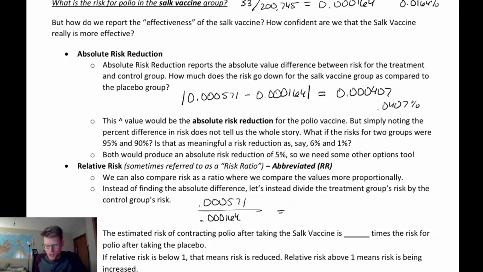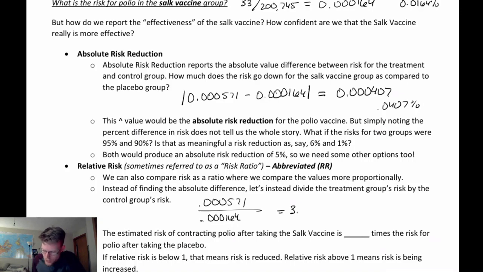So 571 divided by 164 would be the same value, but you can try it both ways and verify it will do the same thing whether you keep those decimals or not, as long as I have the same number of decimals. My ratio comes out to 3.48 if I divide it this way.